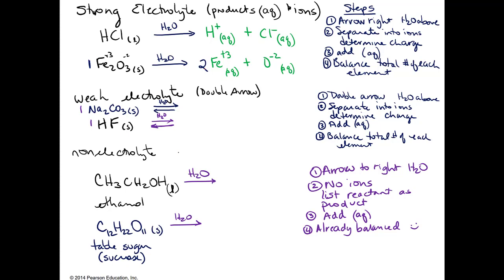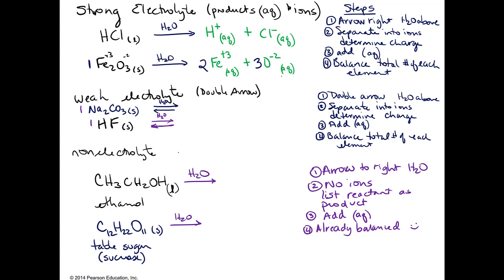That way that balances them. What about the oxygen? You'd have to have 3. I have 3 oxygens here, which means I'd have to have 3 oxygen ions. So that accounts for 2 irons, 2 irons, 3 oxygens, 3 oxygens on both sides.